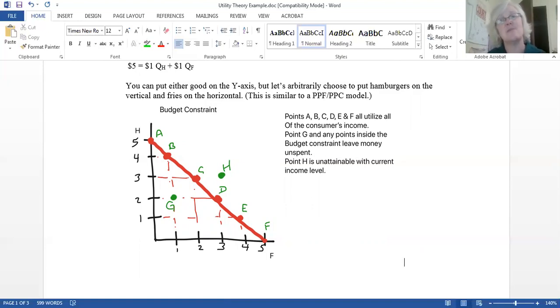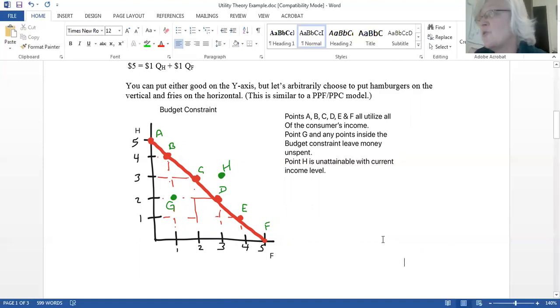So when you're looking at these graphs, if you do have a decimal, don't say, oh, that's not possible. It is if it's an average of a shorter time period. But in this case, let's just assume discreteness, and he can't buy any half hamburgers or half French fries.